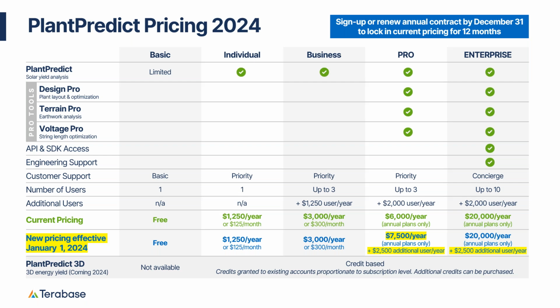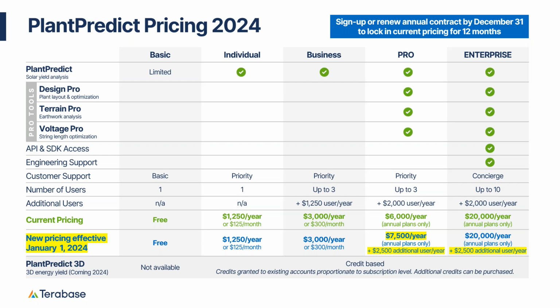All right, on this slide, you can see our 5 pricing tiers, starting with our free basic plan on the left. Anyone can go to PlantPredict.com website and register for a free account and get some basic yet powerful tools that will let you get a taste of what PlantPredict can do.